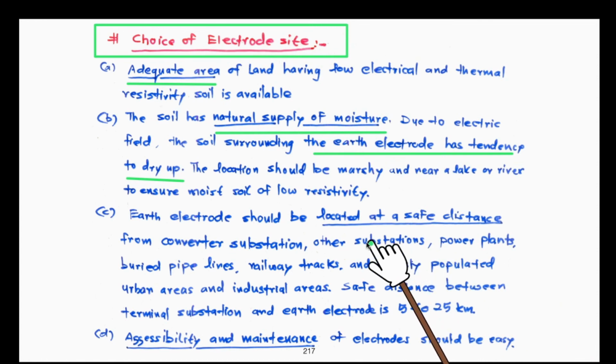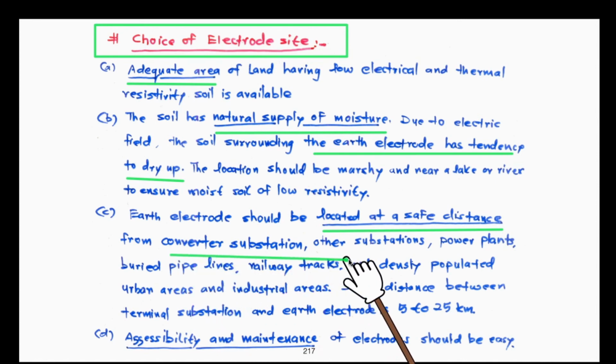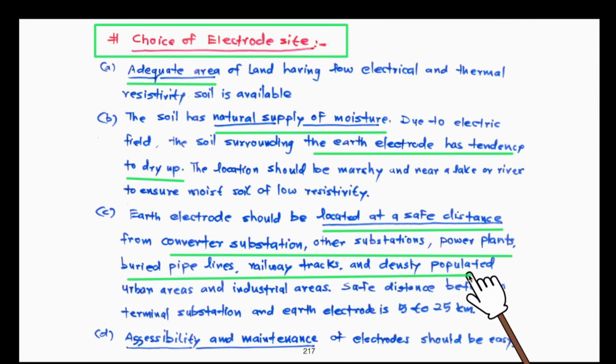And the third point is that the earth electrode should be located at a safe distance. Safe distance from what places? From the converter substation, from other substations, power plants, then from any buried pipelines, railway tracks, densely populated urban areas.